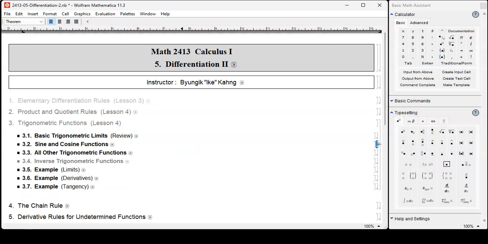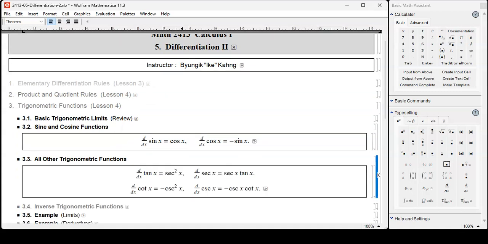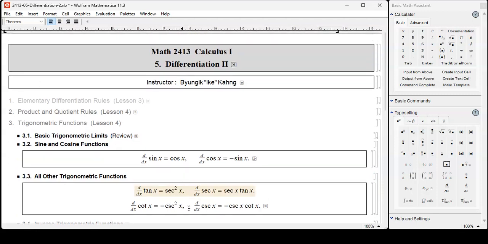And then we have some derivative formulas for sine and cosine like this, and then those for other trig functions. Tangent and secant versus cotangent and cosecant. They're similar, but co-trig functions have negative signs here. And that applies to cosine as well. So co-trig functions, cosine, cotangent, cosecant, they all have negatives flying around.